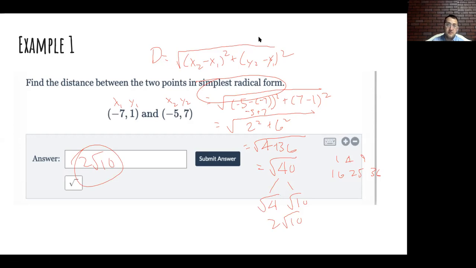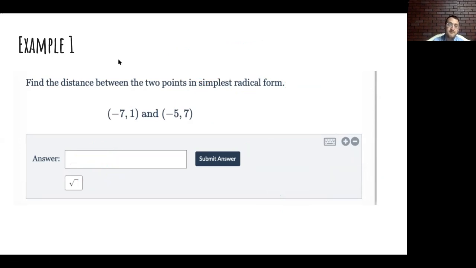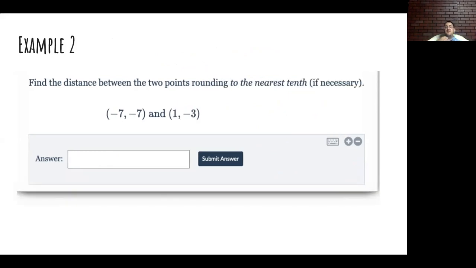Sometimes they'll give you, like on the next example, a decimal form one. This is find the distance between the 2 points, rounding to the nearest tenth. One thing that does not change is the distance formula. If you write down the distance formula in your notebook each time you do one of these problems, you will eventually memorize the distance formula in no time.